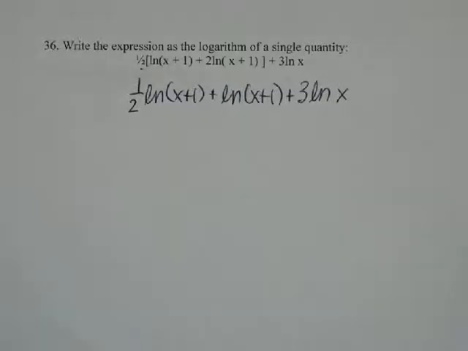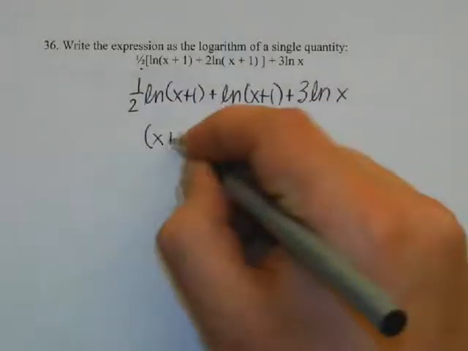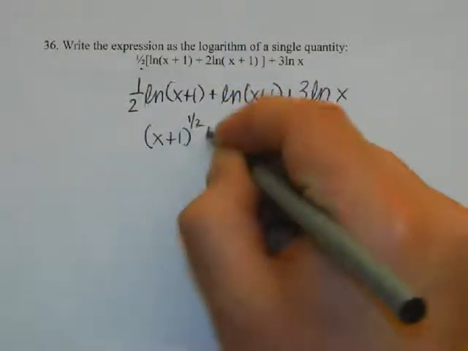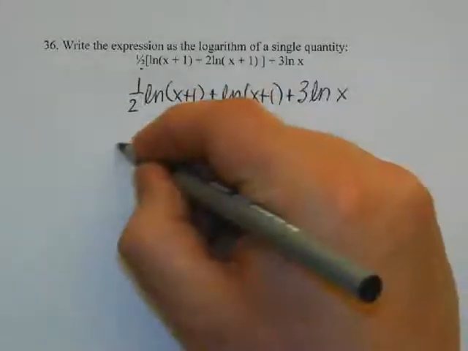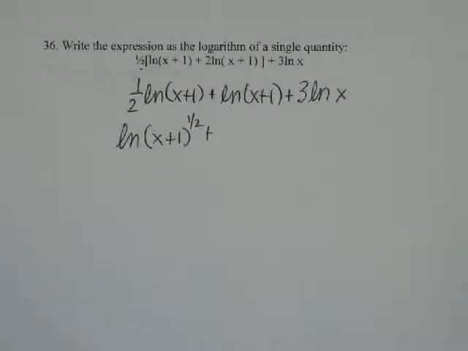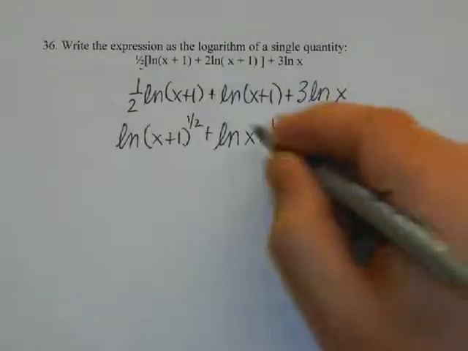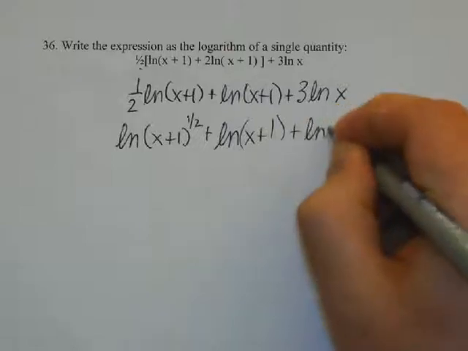Then I'm going to go ahead and rewrite it with exponents. (x plus 1) to the 1/2, natural log of x plus 1, and then natural log of x cubed.